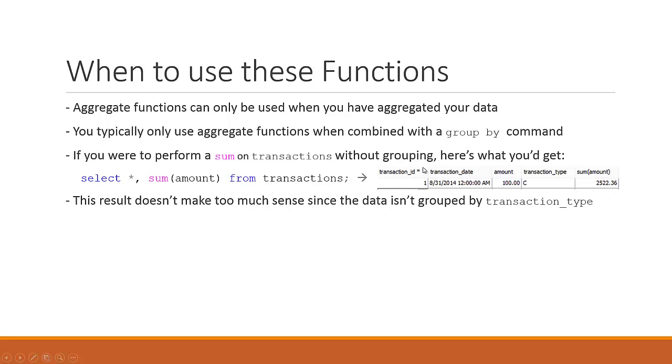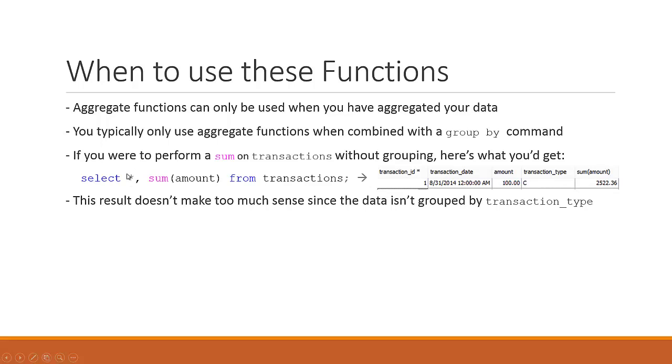But obviously this data says transaction ID 1. So again, this is just picking the first data point inside of this quote-unquote bucket, because there's only going to be one bucket here because we haven't done any grouping. So it just picks the first data point for the date, the first data point for the amount, and the first data point for the transaction type. But this is a summation of all the data points together. So again, this doesn't make any sense.